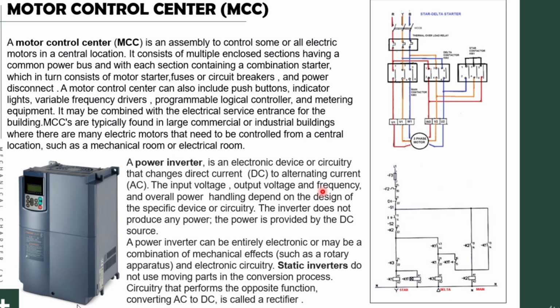A motor control center can also include a push button, indicator light, variable frequency drive, programmable logic controller (PLC), and metering equipment, and it may be combined with the electrical service entrance for the building.